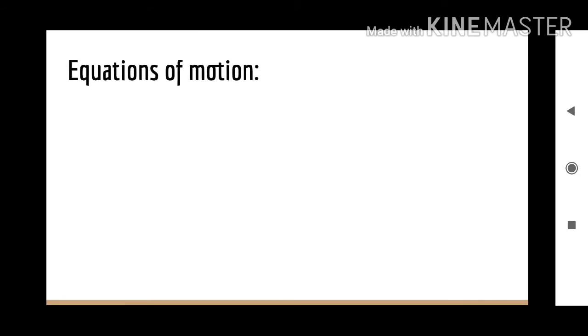What are equations of motion? Whenever a body travels in a straight line, or exhibits rectilinear motion, we can give mathematical relationships for various physical quantities like displacement, velocity, acceleration, with respect to time. So these mathematical relations are known as equations of motion.